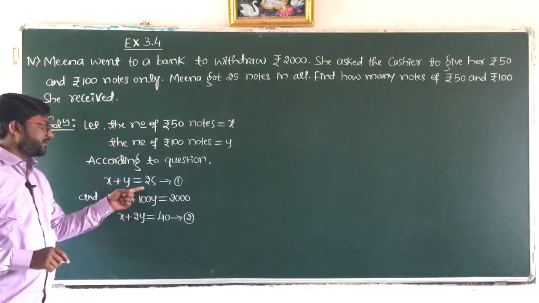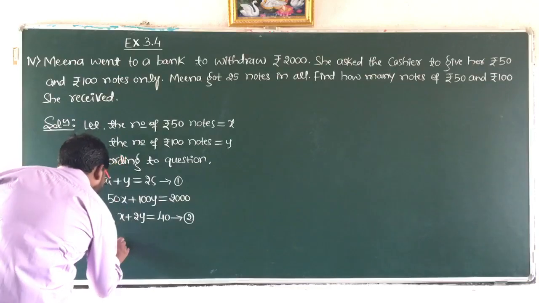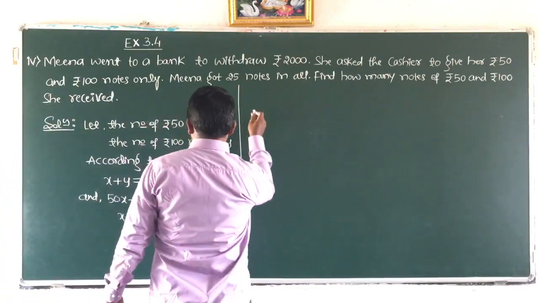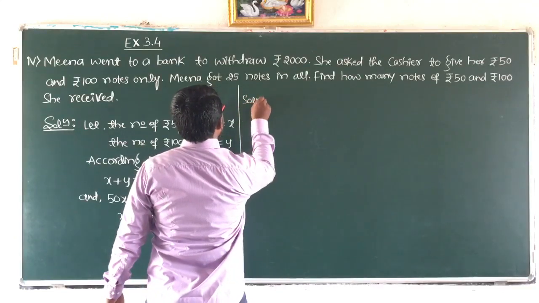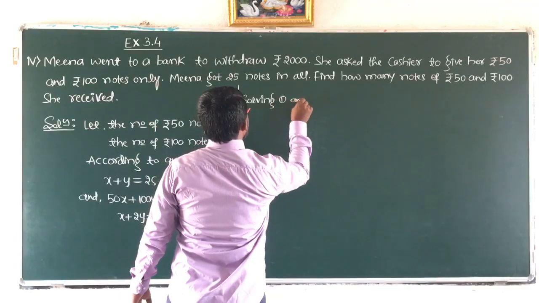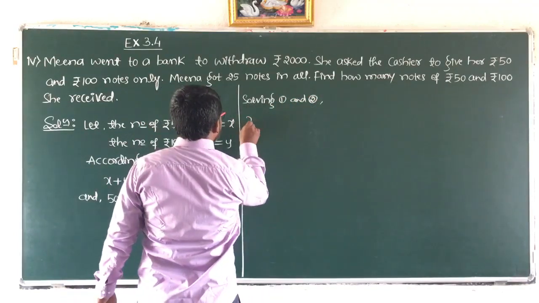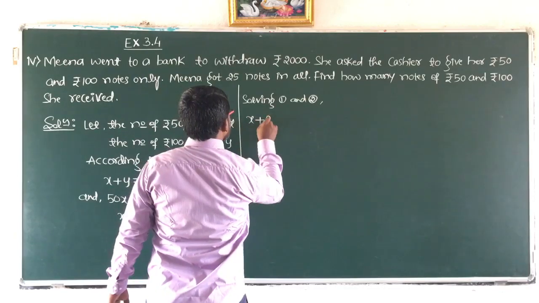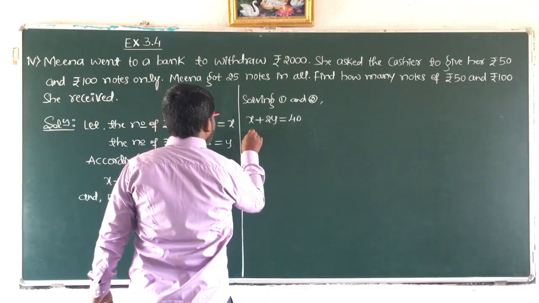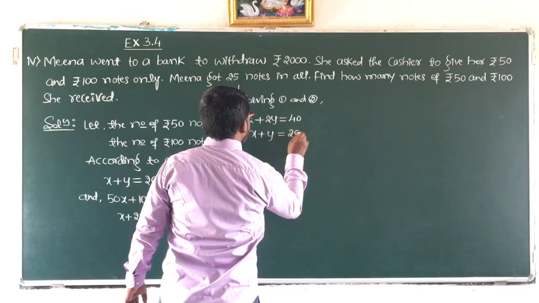So we have to solve these two equations to get the value of x and y. Solving 1 and 2, x plus 2y, which is equal to 40, then x plus y, which is equal to 25.